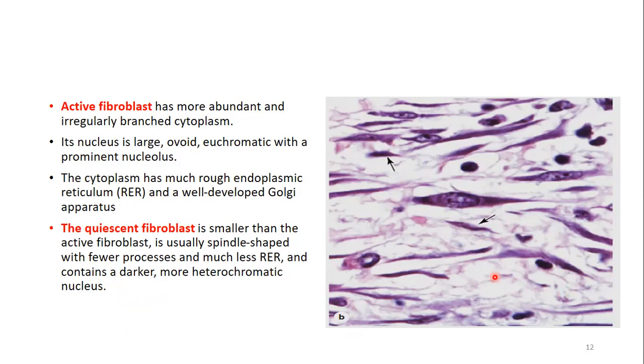So you see them being smaller in size, like here. These are old fibroblasts. They've done their work. They're just now there to help maintain the tissue. Those are the two major types.